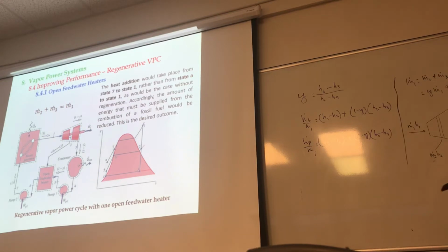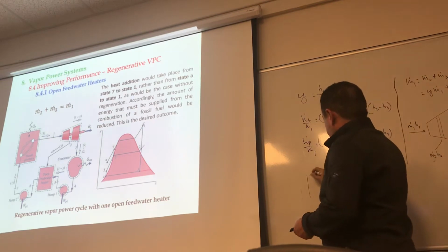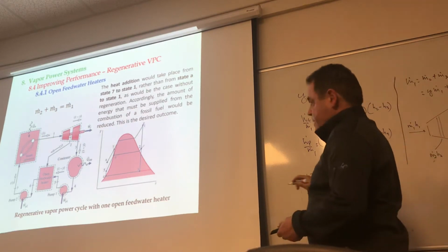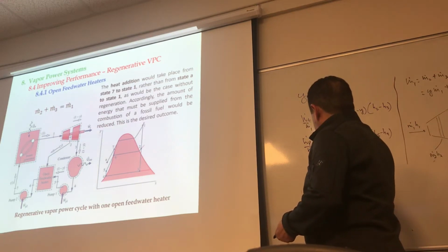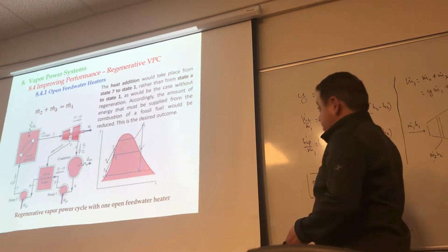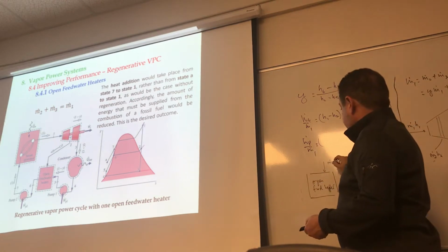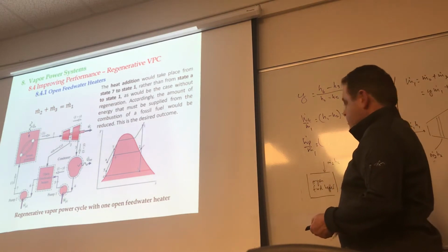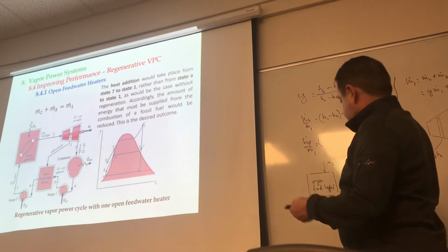In fact, if we do the feed water, I think it's better to do it like this. See the open feed water heater. How much energy is coming in from here? That's m dot 2 times h2, right? How much is coming out of this pump in here?